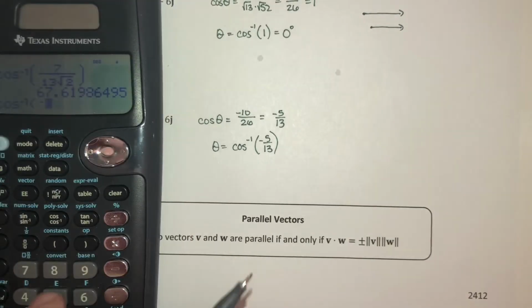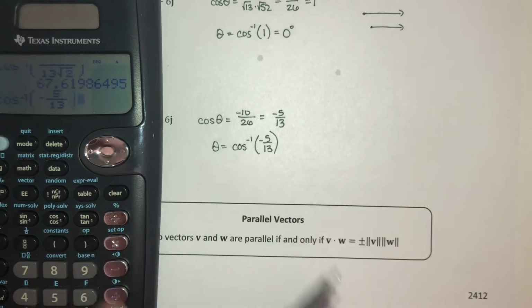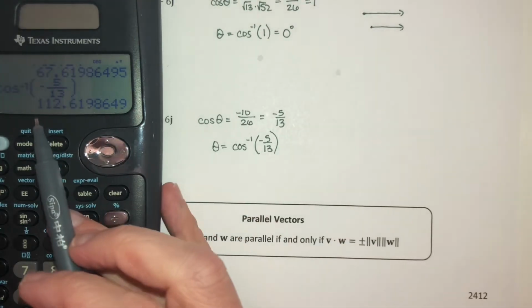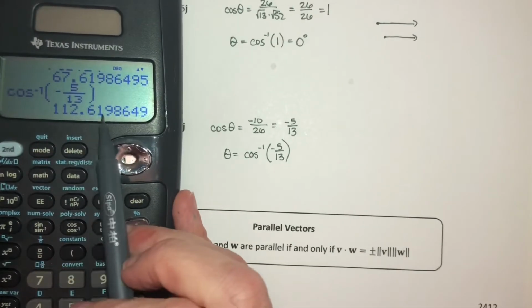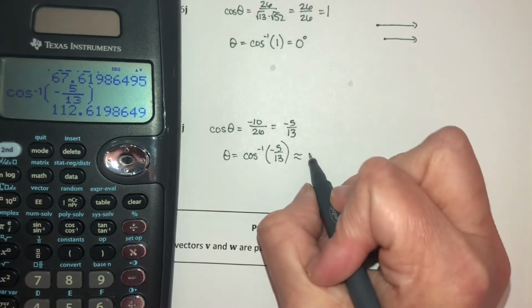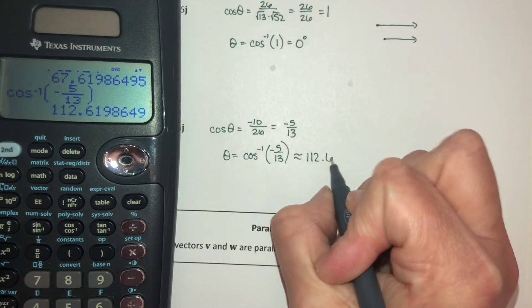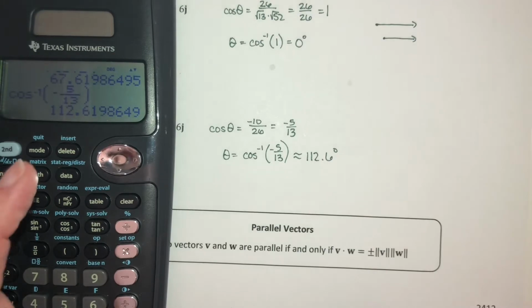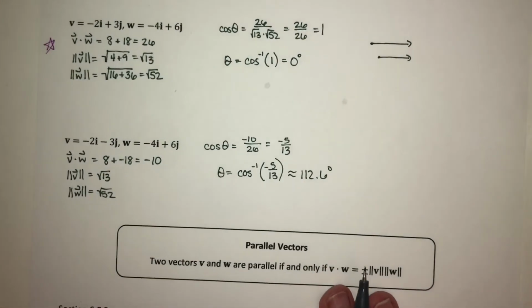Inverse cosine of -5 over 13 is approximately 112.6. So 112.6 degrees.